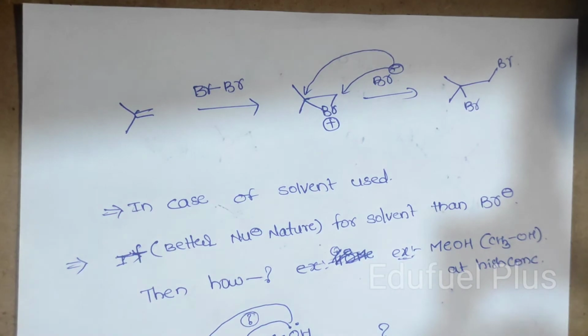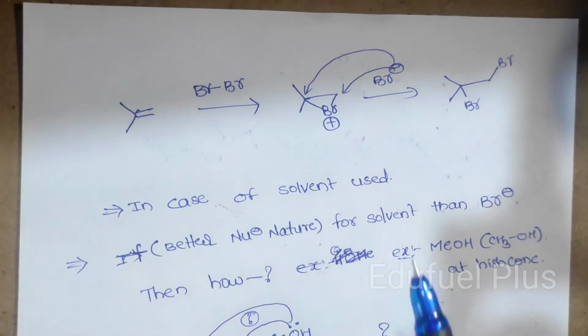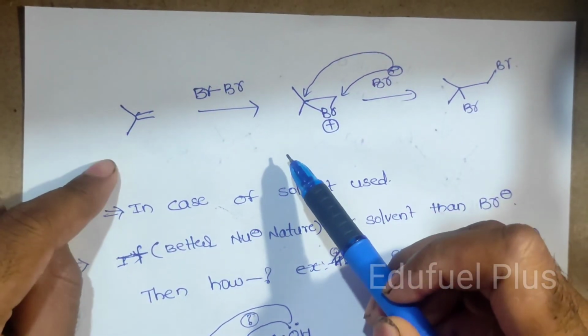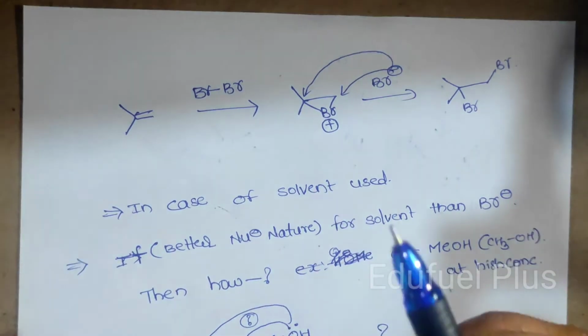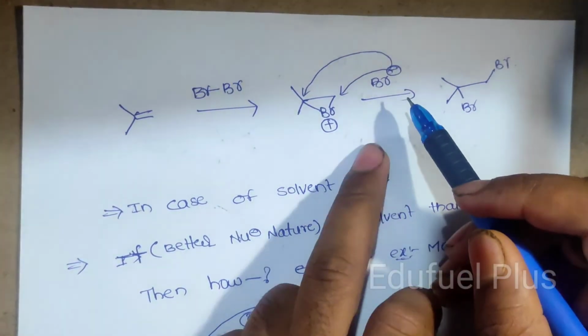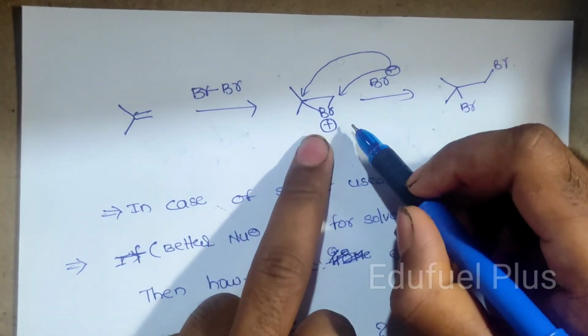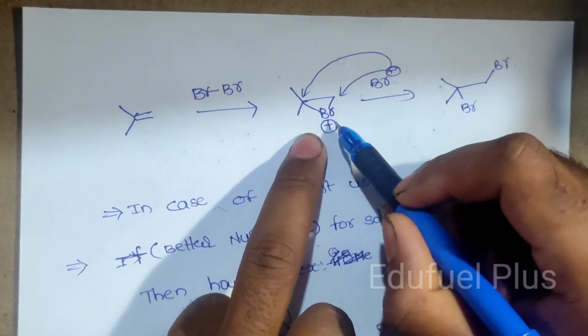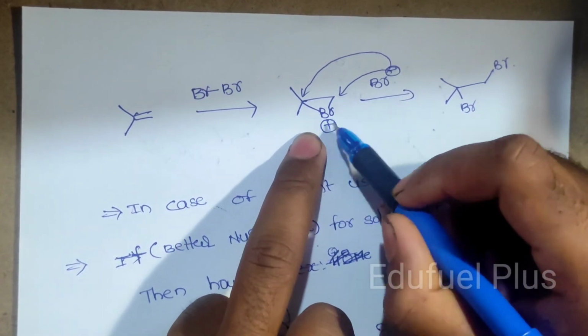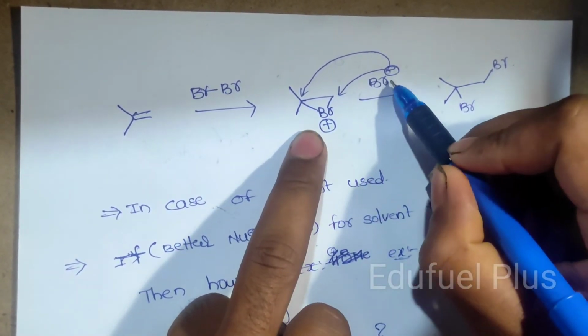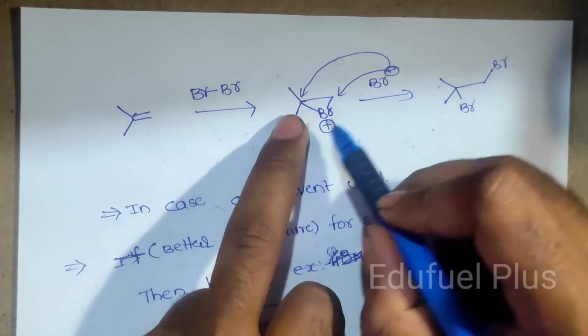Now I will give one more clarity here. If you practice the above mechanism once again, you may have one doubt. A confusion will definitely arise when we have a cyclic halonium ion like this: where will the next bromide attack, at which carbon?